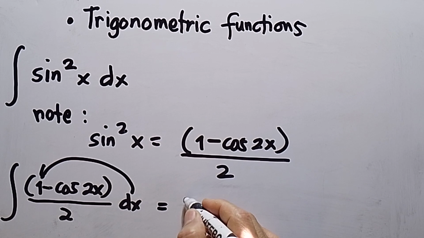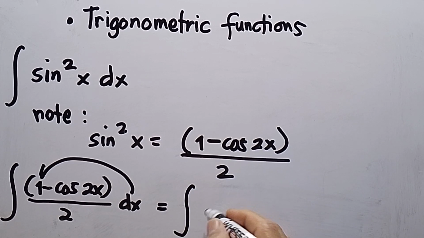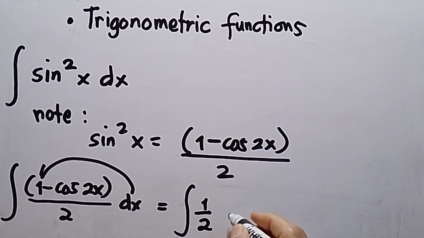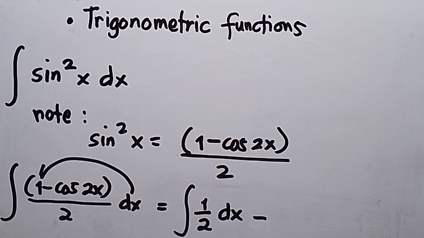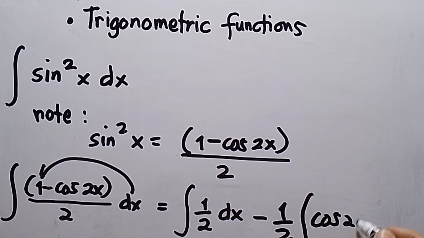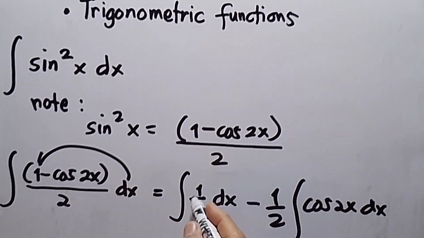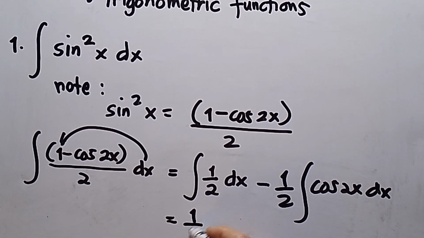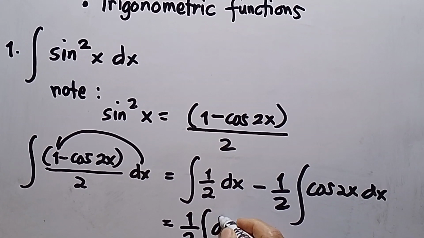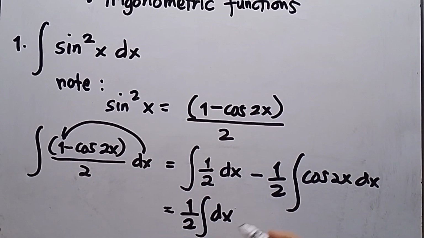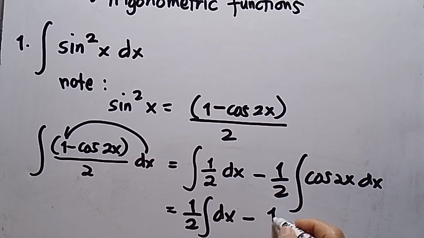So this will be the integral of 1/2 dx and then minus, so this will be 1/2 also, the integral of cosine 2x dx. So I need to place the constant outside of the integration: 1/2 integral of dx minus 1/2.